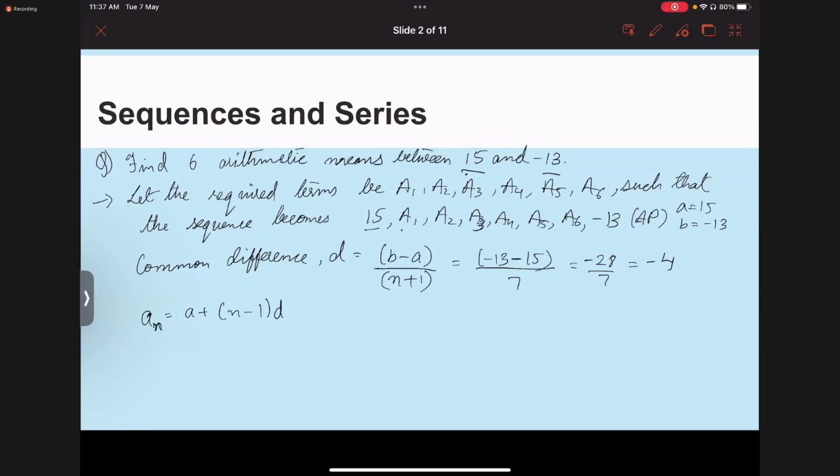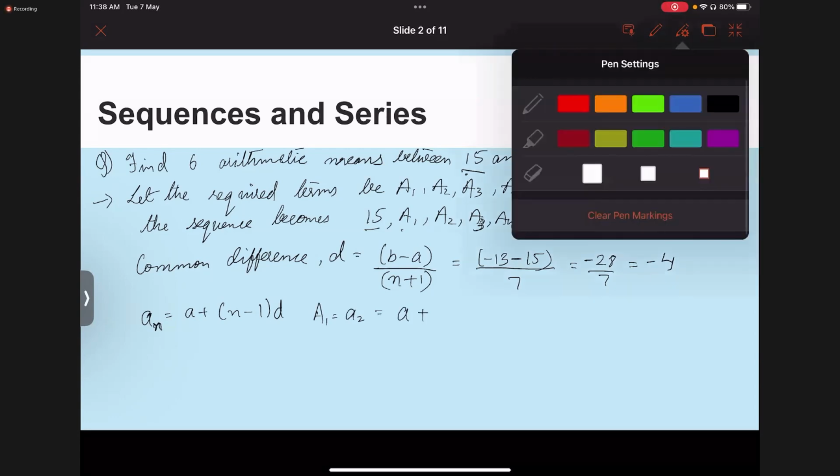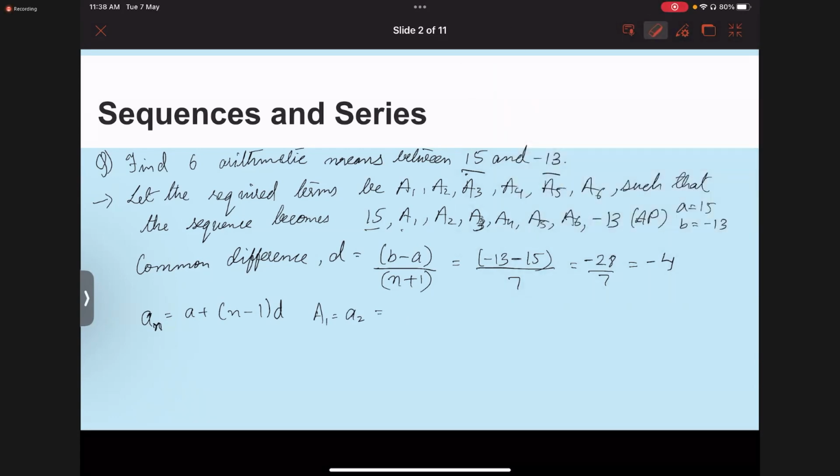So now A1 is actually going to be the second term. I will substitute the values: 15 plus, n is 2 over here, so 2 minus 1, and d is minus 4.